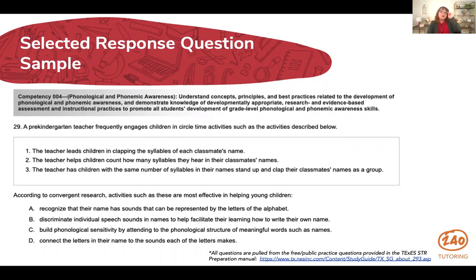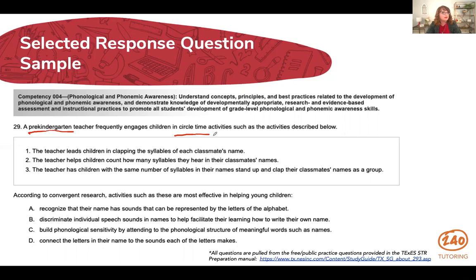So this one comes from competency 4, so phonological and phonemic awareness. It's number 29 in the preparation manual. It says a pre-kindergarten teacher, so note there, pre-kindergarten teacher, frequently engages children in circle time activities, such as the activities described below. So I'm just noting some keywords there.